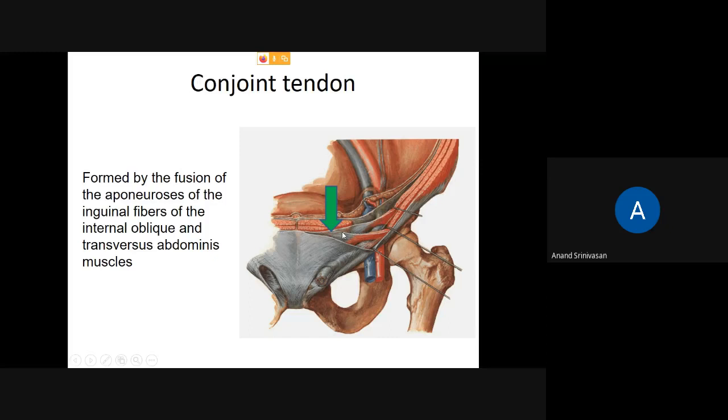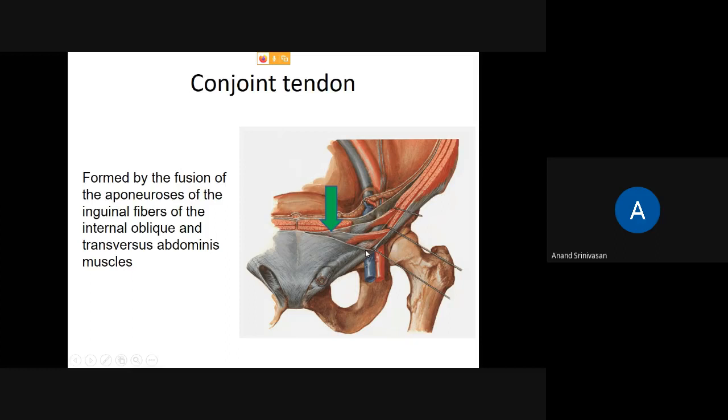These two tendons come anterior to the rectus sheath and join together. They join together to form a stronger aponeurosis, and this is called the conjoint tendon.